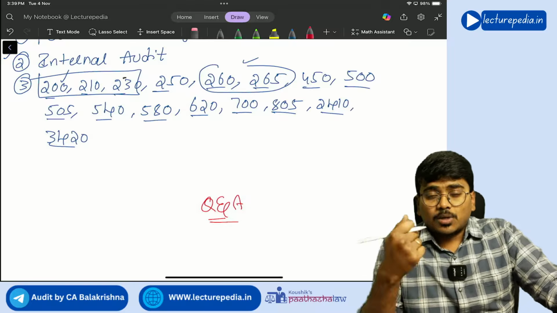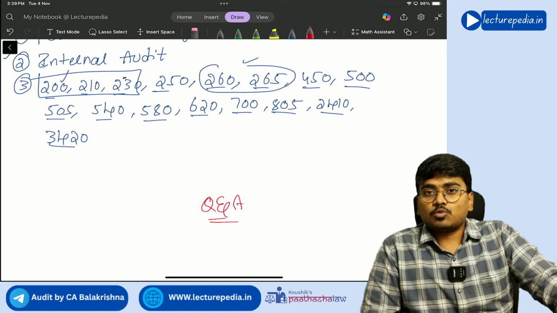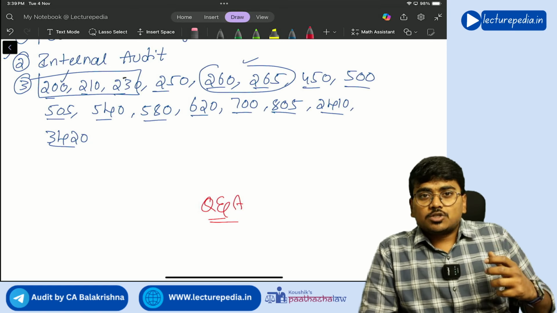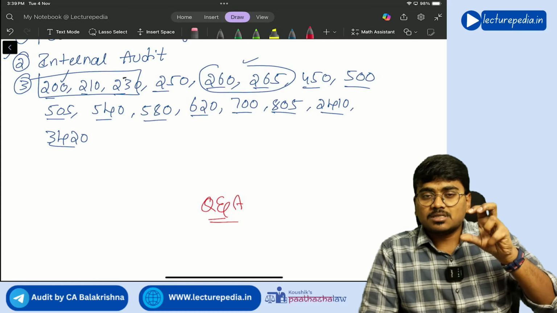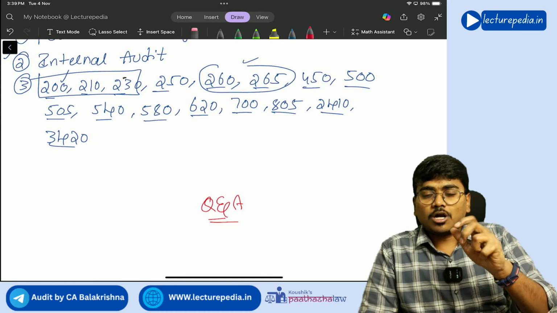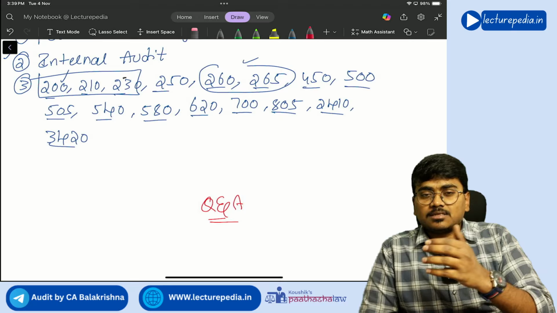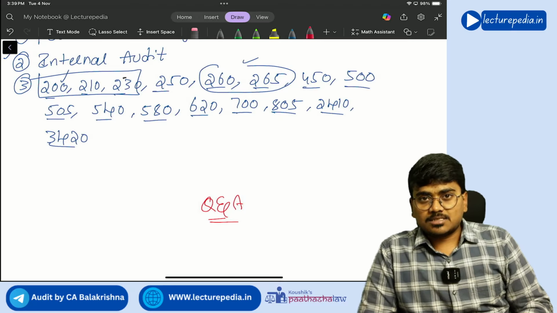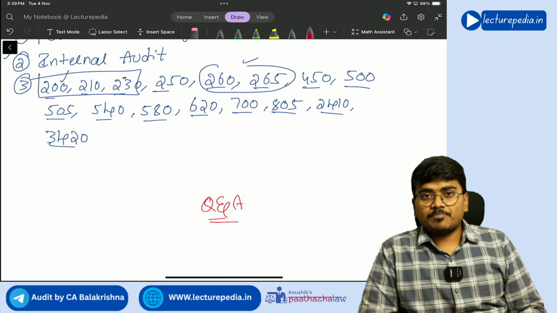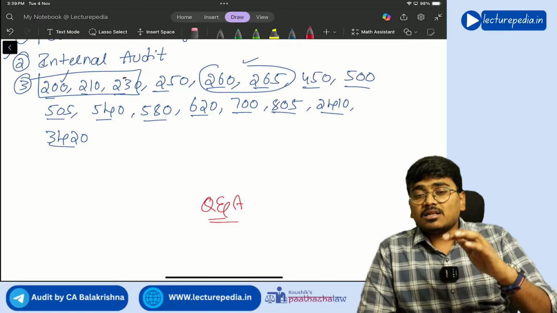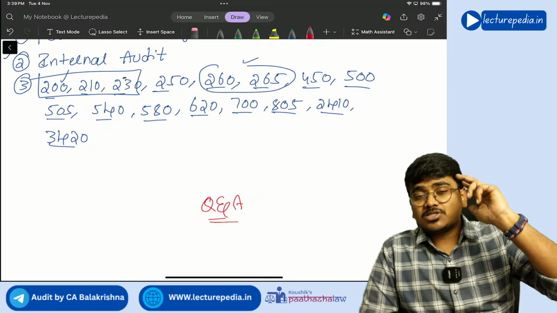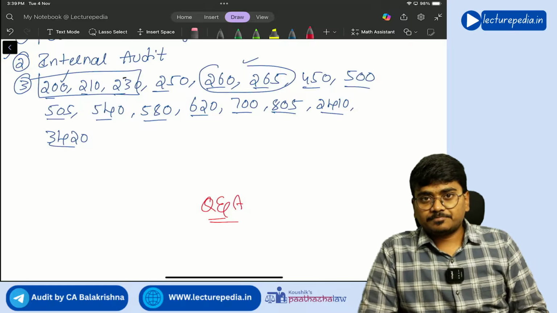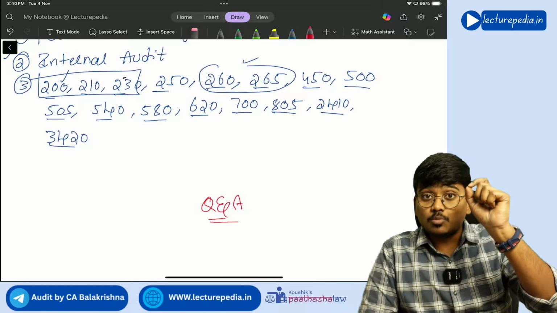Similarly in the questions also. In audit, you first need to identify what the question is asking, because audit questions will not directly ask the content these days. They will twist those questions so that students get confused. So you have to read the question twice or thrice before answering it, focusing more on the question.